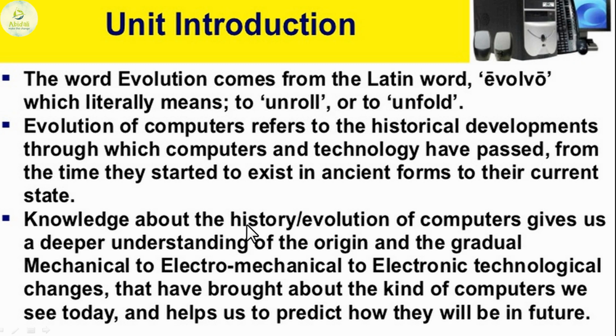Knowledge about the history or evolution of the computer gives us a deeper understanding of its origin and how the development of the computer has come from mechanical to electromechanical to electronic technology, changing through the years and bringing the kind of computers we see today, and it helps us predict how they will be in the future.